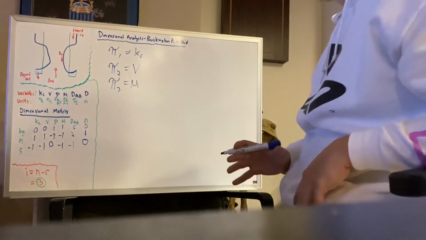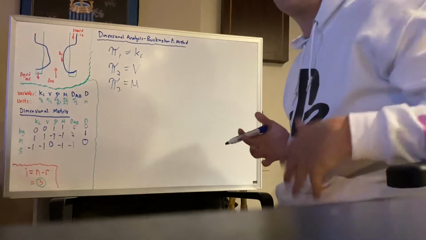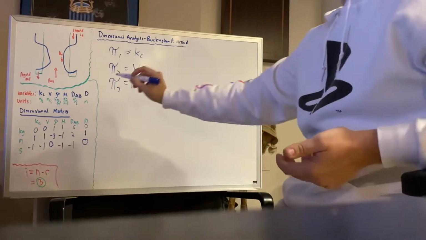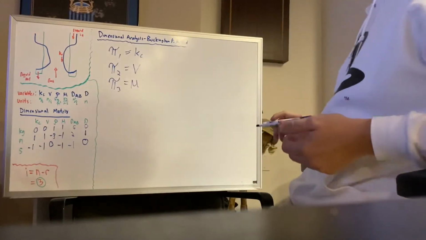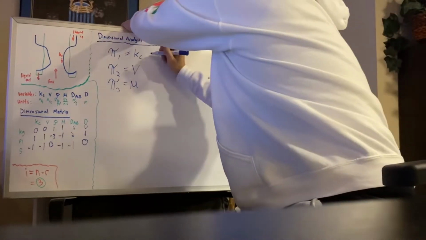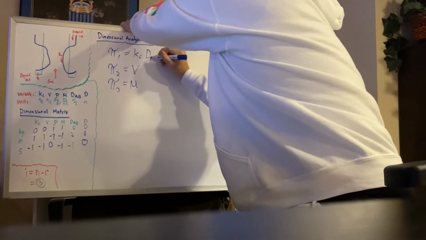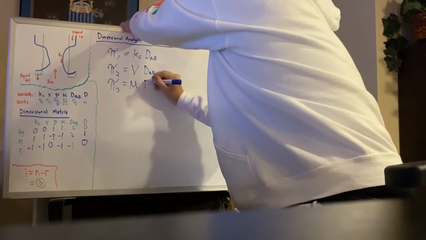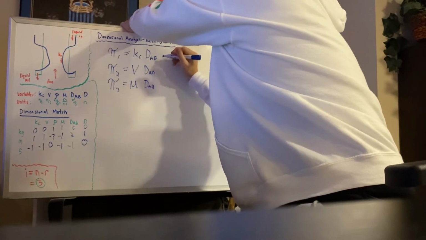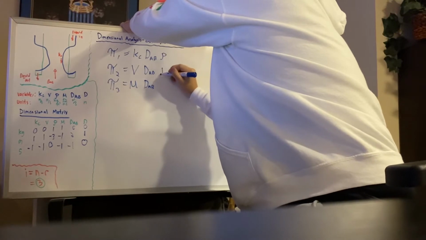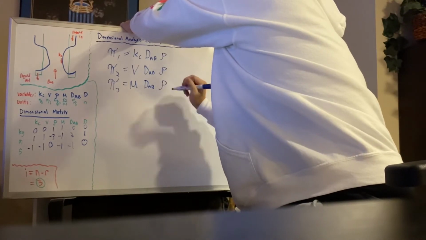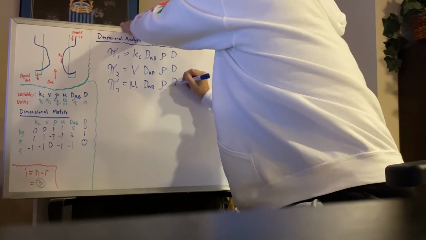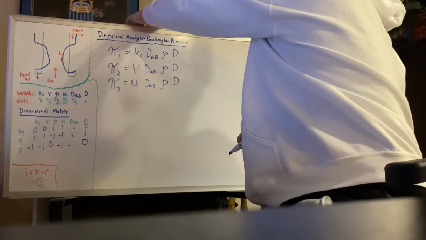And so now that we have the 3 core groups identified and which ones we want to use, we need to go through and input the rest of the variables that we did not use into each of these equations. And so we will have the mass diffusivity constant from A to B in each of these. And then we will also have the density, and we will have the diameter, since those are the last 3 variables that we did not use as core groups.